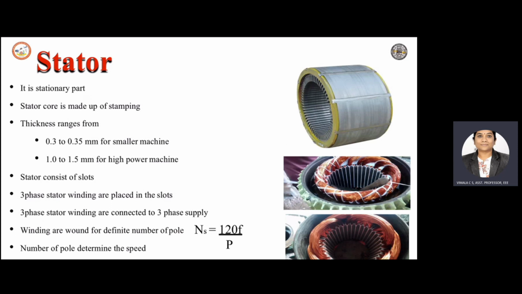The stator core is made up of stampings with thin laminations.